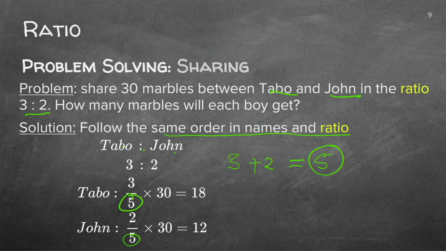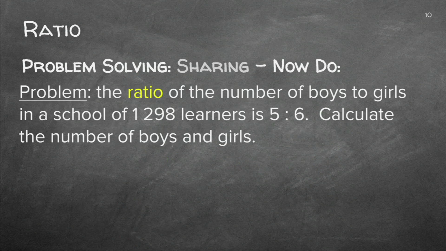So Tabu gets 3 out of 5 times the total of the marbles, which gives you 18 marbles. John only gets 2 out of the total, or the sum, which is 2 out of 5, times 30, which is 12 marbles.